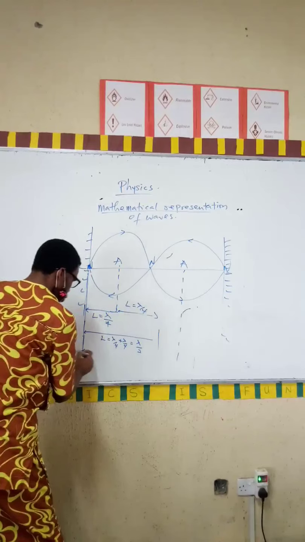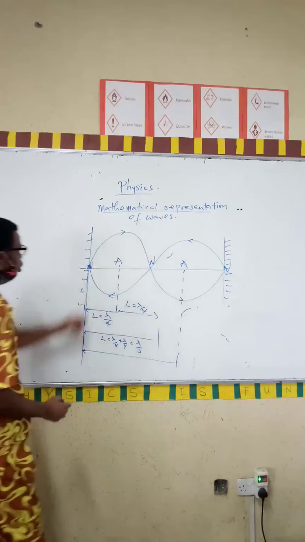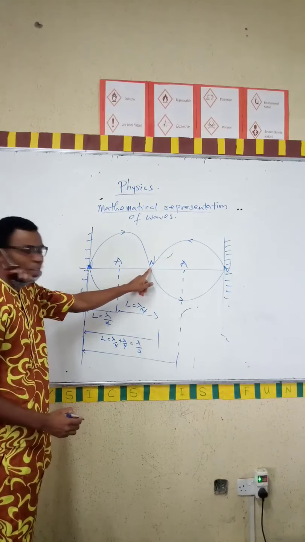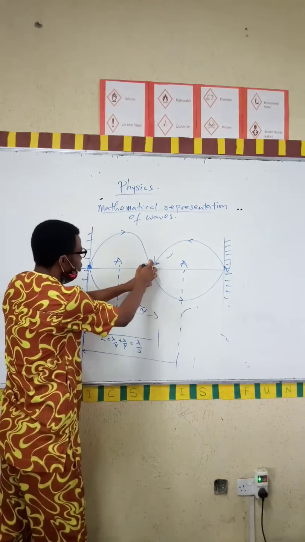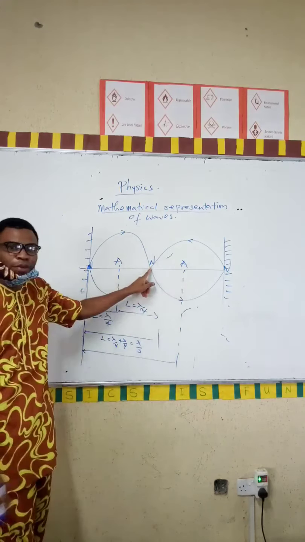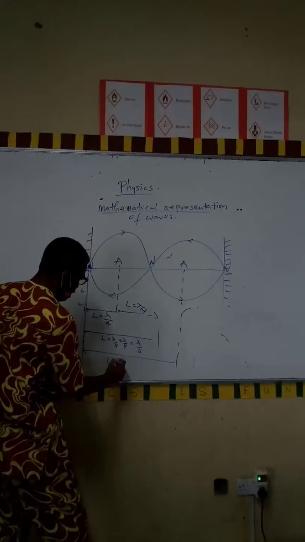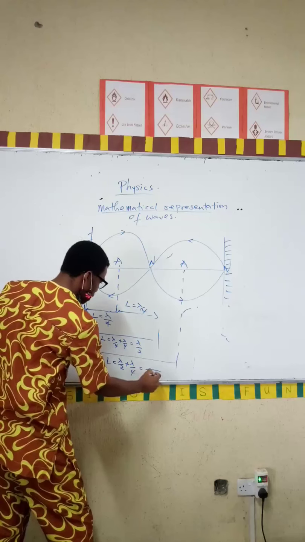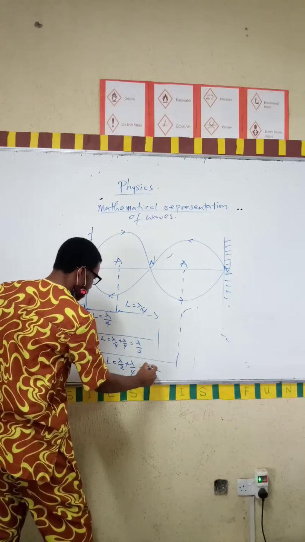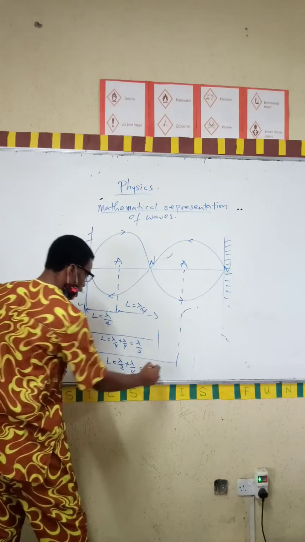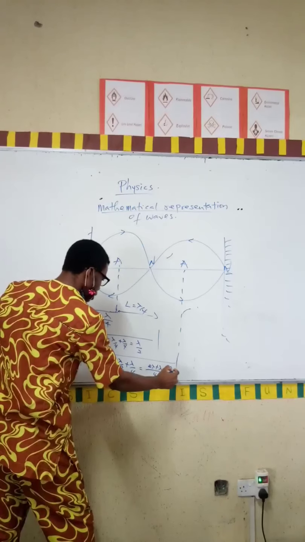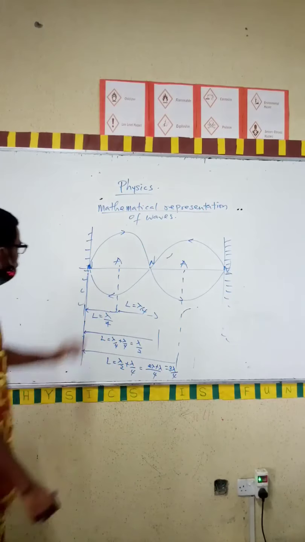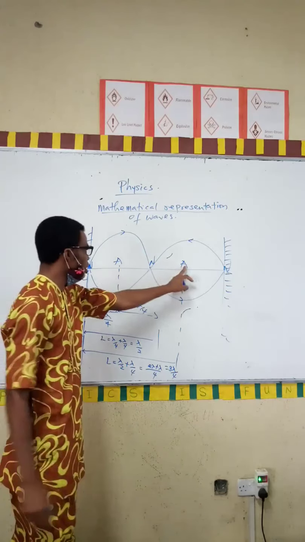So if I continue, I can decide to get the distance from this node to this antinode. I know that from this node to this node is lambda over 2. So I can add node to antinode, which is lambda over 4. So I have L equals lambda over 2 plus lambda over 4, which gives 2 lambda plus lambda over 4, giving us 3 lambda over 4. So from this node to this antinode is 3 lambda over 4.